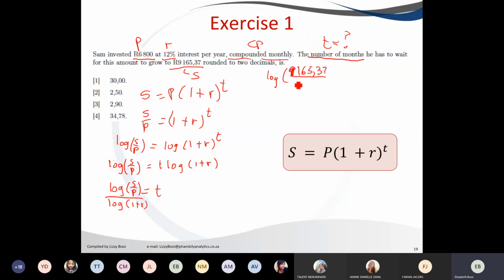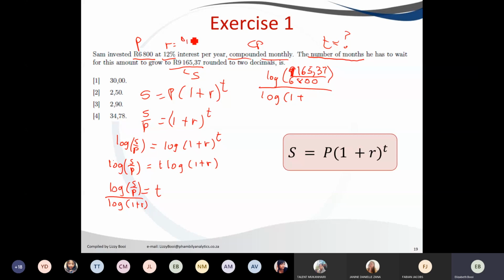9165.37 divided by 6800, divided by the log of 1 plus, what is our R?